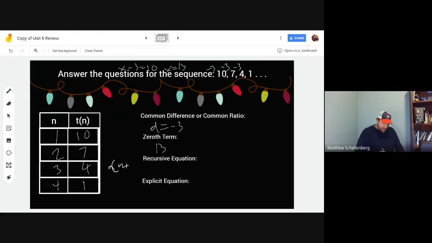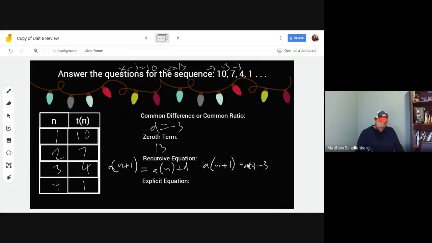So they do a of n plus 1 equals the current term plus the common difference. What does that mean? Well, in our case, that means a of n plus 1 equals a of n minus 3.